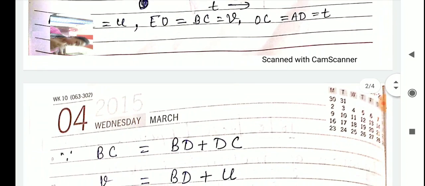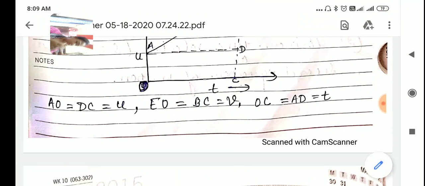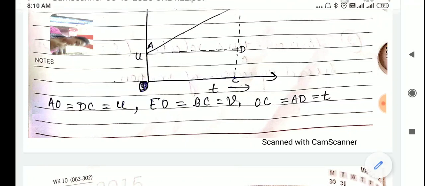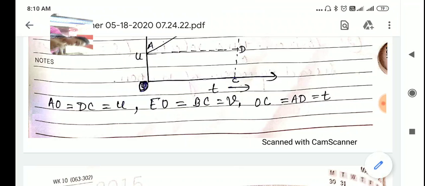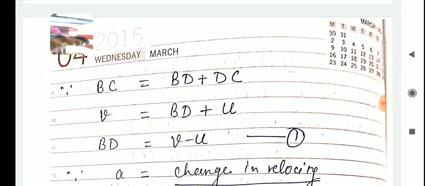Now we are not having any value of the BD, so we will calculate it later on. After that we are having the value of the DC. So DC is always equals to AO or OA, and that value represents the initial velocity of the object. So at the place of DC we can write down initial velocity U.